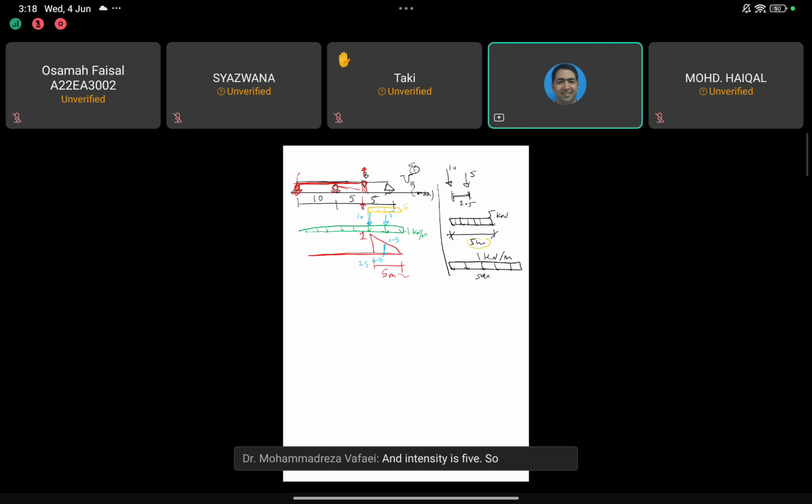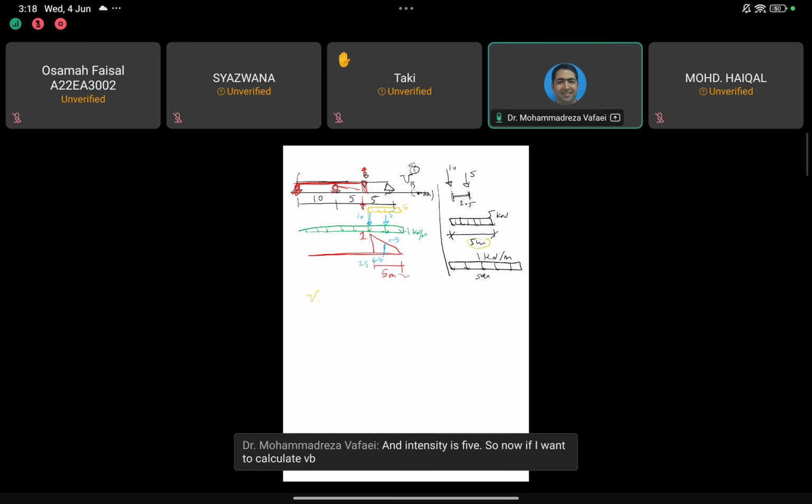Now if I want to calculate VB max, we are going to have 1 kilonewton multiplied by the area of the influence line, which is 5 multiplied by 1 divided by 2, which is 2.5.